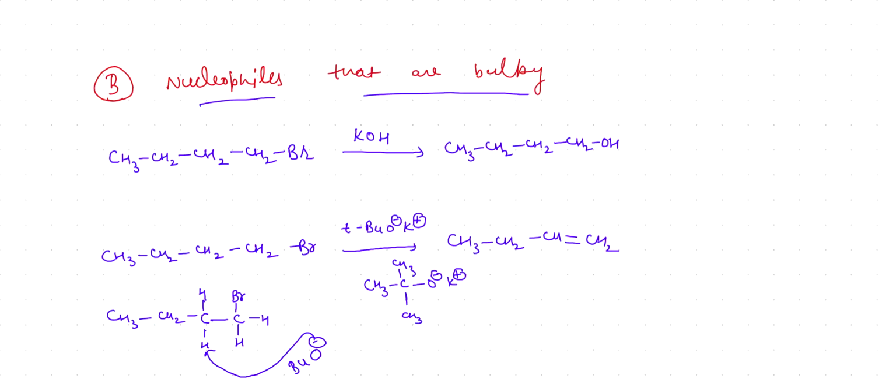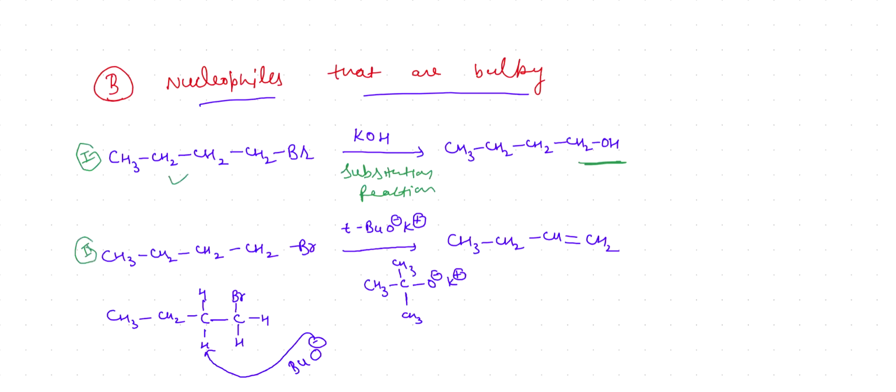Let us take the example here. This is butyl bromide and it undergoes a substitution reaction. This is an example of substitution reaction. See, the product here is the substituted product, alcohol is forming.